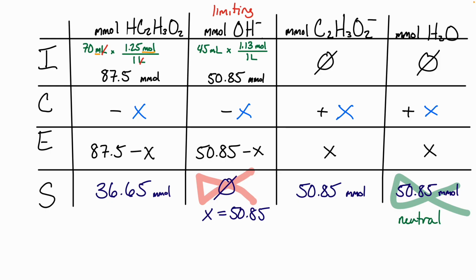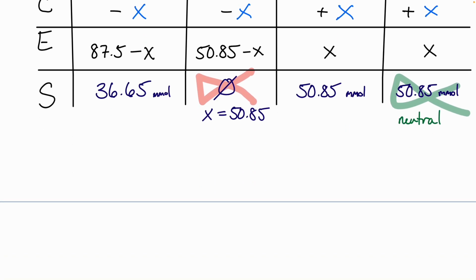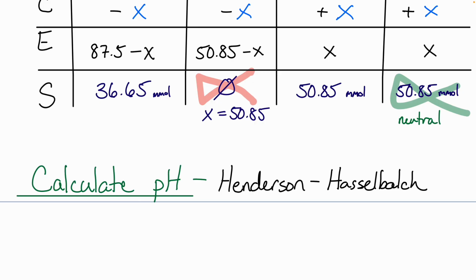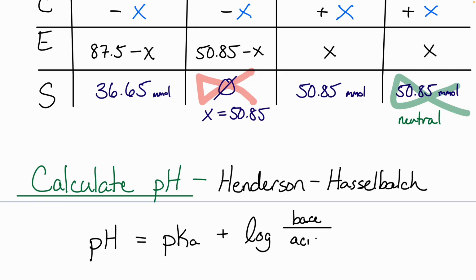All right? So in order to calculate our pH of this solution, we get to use that equation we can only use for buffers, our Henderson-Hasselbalch equation. All right, so Henderson-Hasselbalch is pH equals pKa plus the log of base over acid.